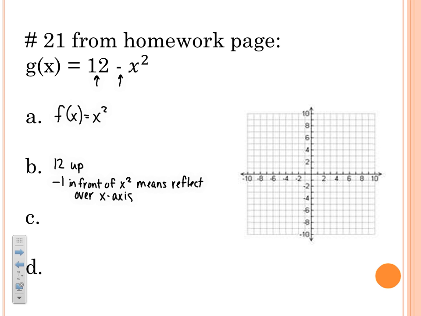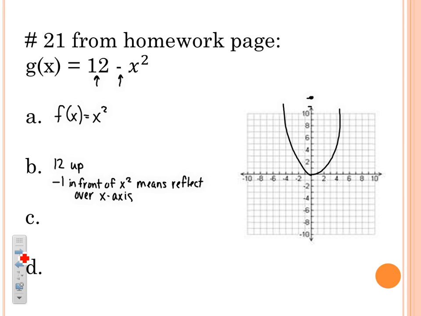So what does that end up looking like? Well, if I'm going to have a vertical 12 shift, my graph paper's not great here. It's going to start here. Now, when this parent function would have been graphed, we all know what x squared looks like, roughly like that, right?